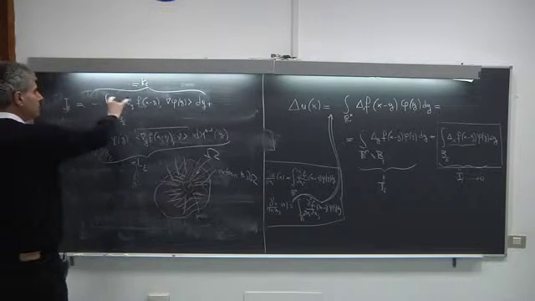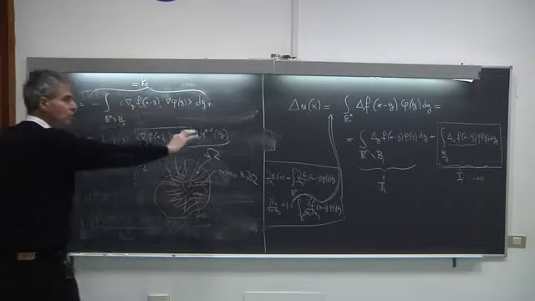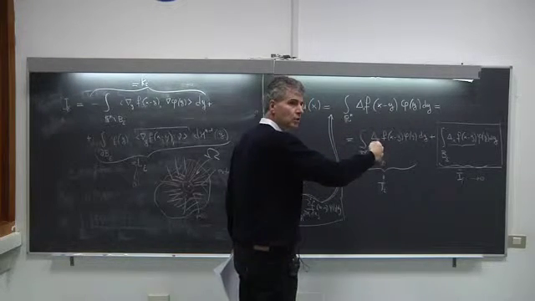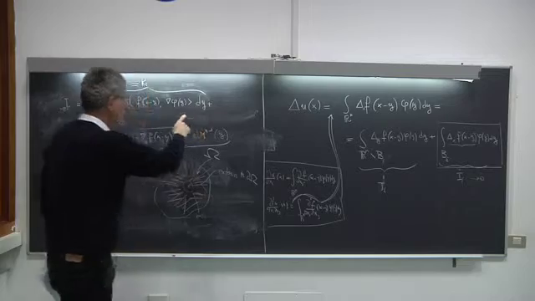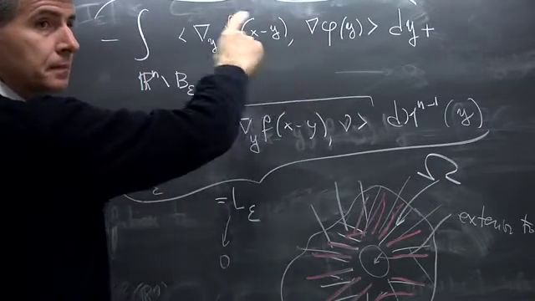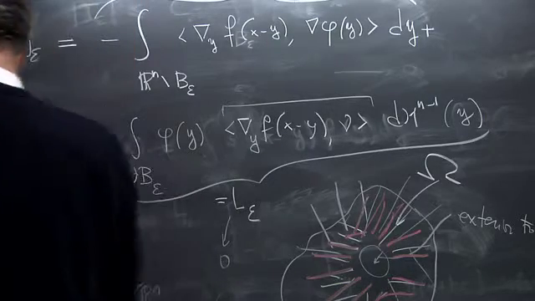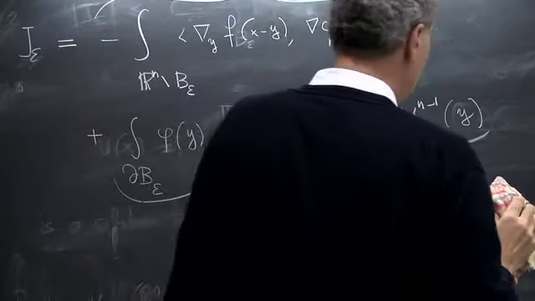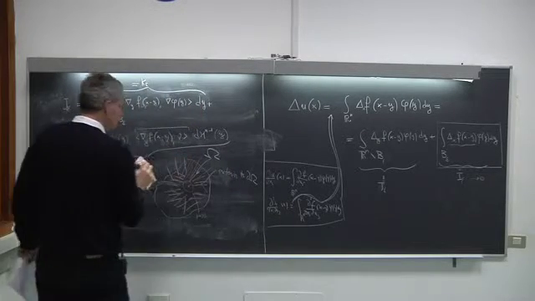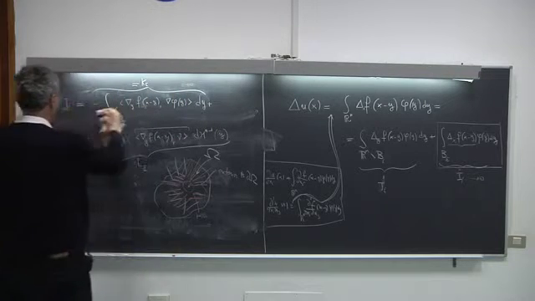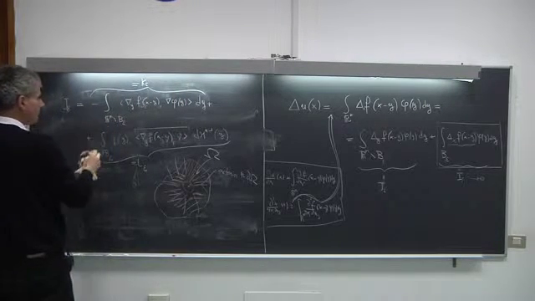So what really matters here is the contribution of the integral at the end, when I let the limit as epsilon goes to 0. What really matters is just this integral here. So let me concentrate just on K epsilon.